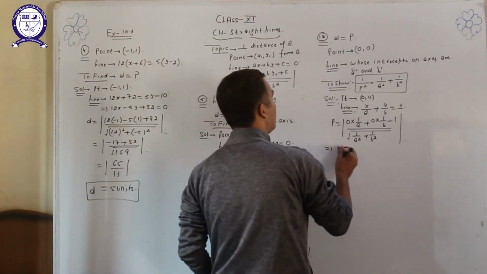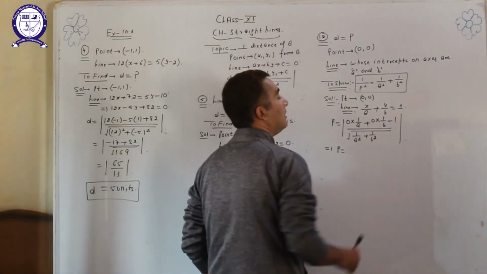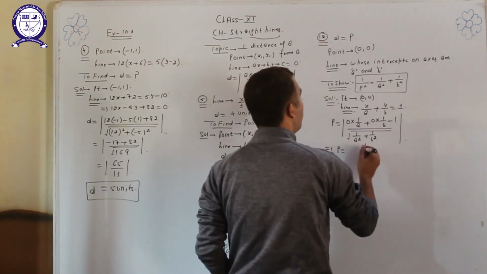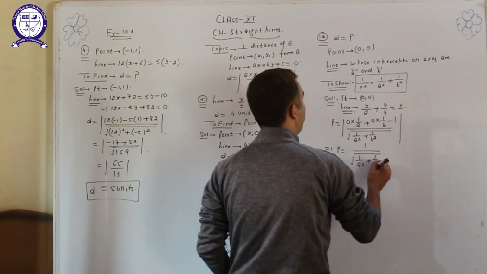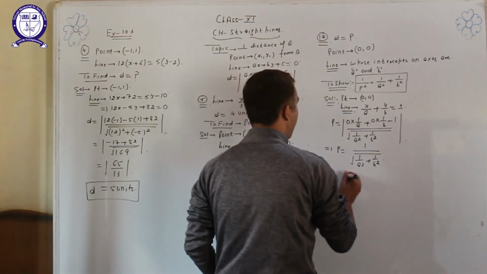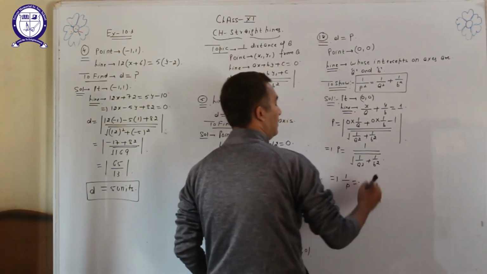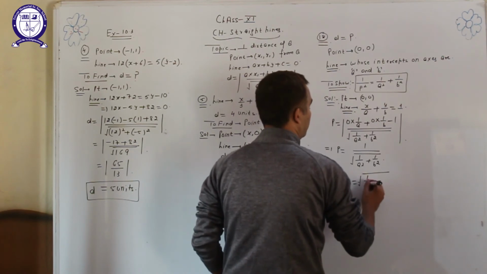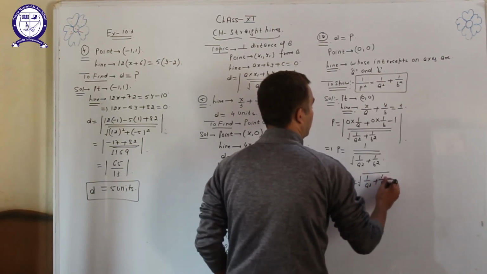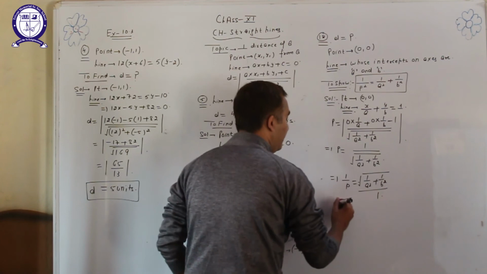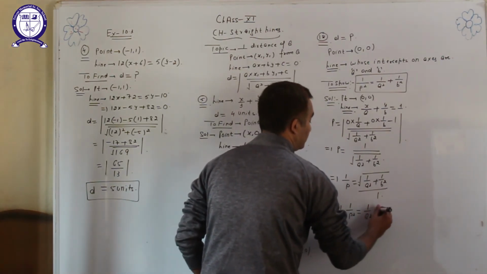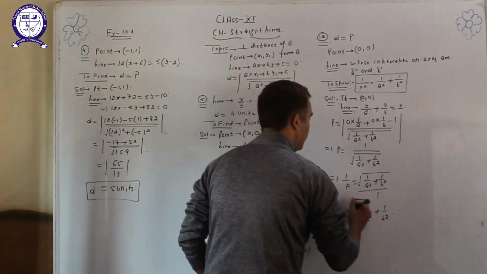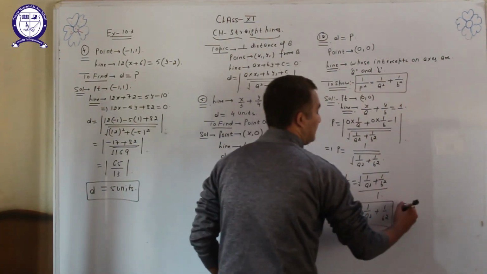Now we got P is equal to modulus, negative becomes a positive, that is property of modulus. But according to our requirement, we need 1 by P. But we need square, so squaring both sides. That's our requirement.